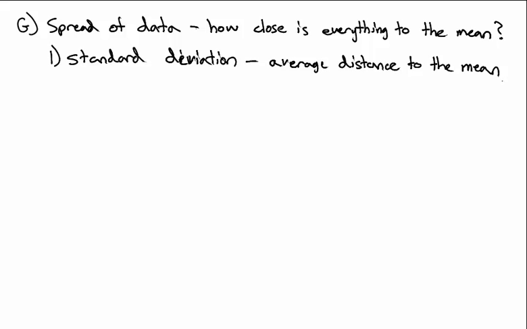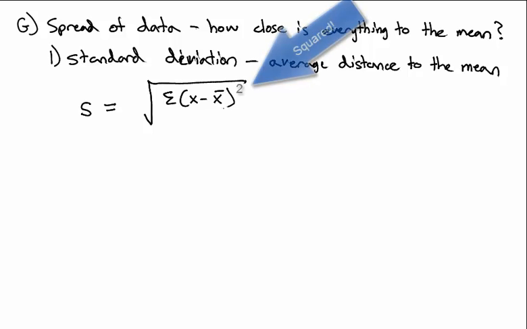Now, what we want to be careful of with standard deviation is which formula we use. If I have the formula S equals the square root of the sum of (x minus x bar) over n minus 1, notice I used S, an English letter. That's the standard deviation of the sample.